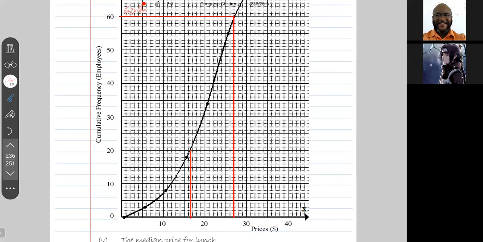And where it hits the curve, I'm going to go across. So the 20th employee spent $16.50 on lunch. Everybody above him spent more than $16.50.